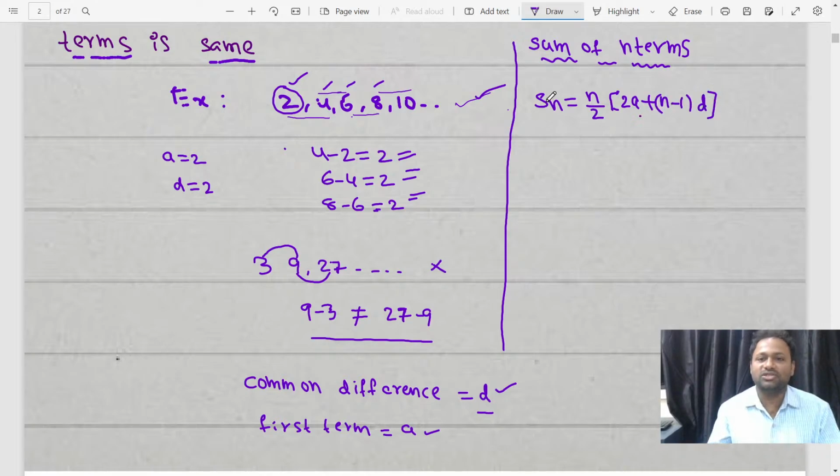Actually, the sum of n terms we will denote with Sn. Okay. To understand easily, I will give one example.